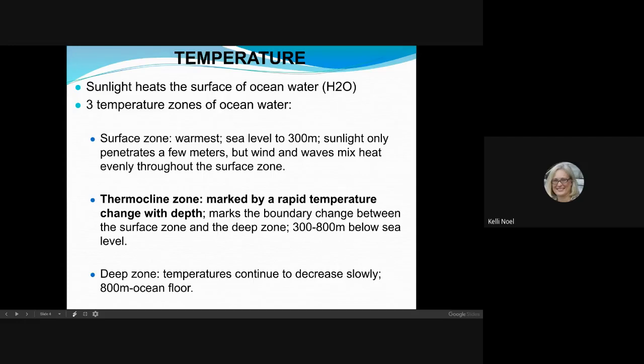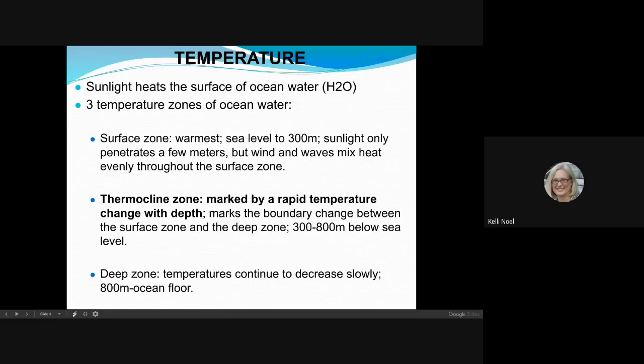And this is going to be where temperatures will continue to decrease slowly. So the deeper you get, the colder it's going to get. You should have those filled in. And you see a picture there that shows you that the surface zone stays pretty much the same. But as you approach the thermocline, it's starting to cool off.